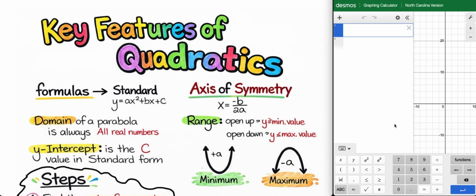Okay. Here's a little sketch of what I mean by maximum and minimum. Minimum means that the lowest point is at the bottom and your a value is positive. Maximum means that your highest point is at the top of the parabola and your a value is going to be negative.